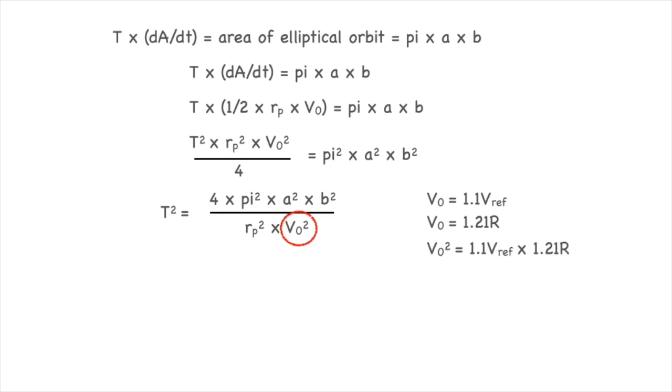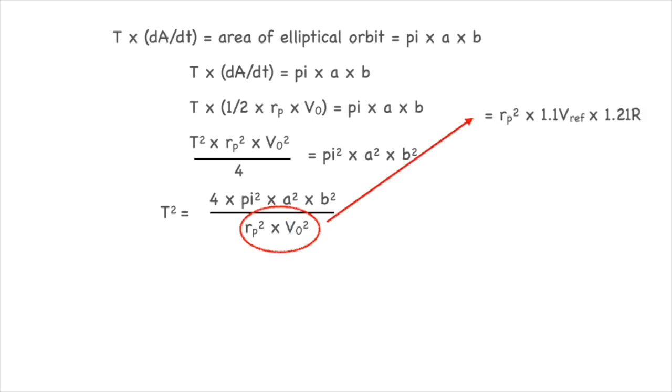As it happens, it will be useful to substitute for v naught squared the term 1.1 times v reference times 1.21 times capital R. Let's put our new expression for the denominator in some free workspace up and to the right.